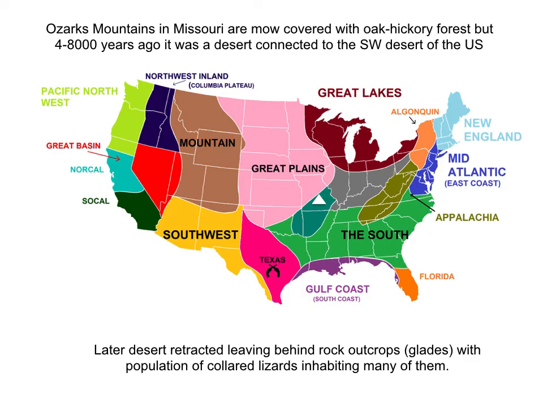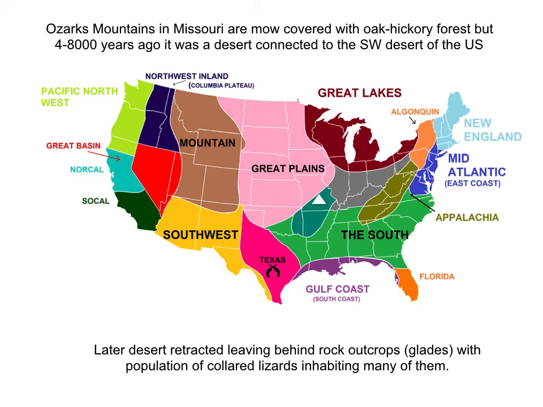If we look back in history, what we find is that the Ozark Mountains in Missouri, where I've put a white triangle in roughly the position of it, 4 to 8,000 years ago was covered by a desert that connected with the Southwest Desert. You can see where it says Southwest there, that's roughly the Southwest Desert.